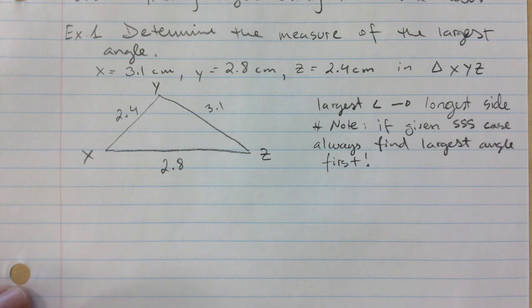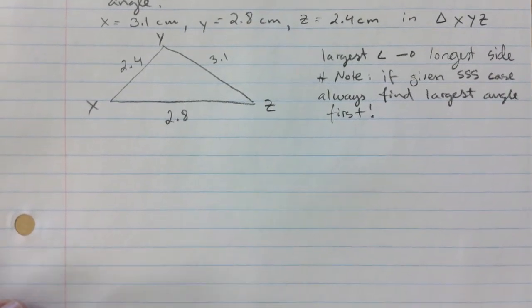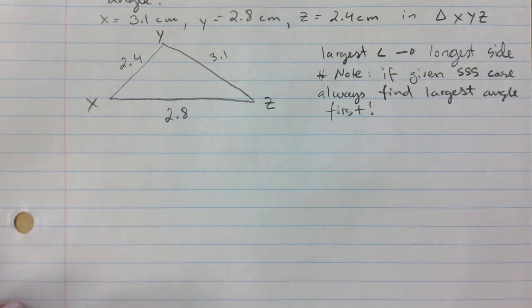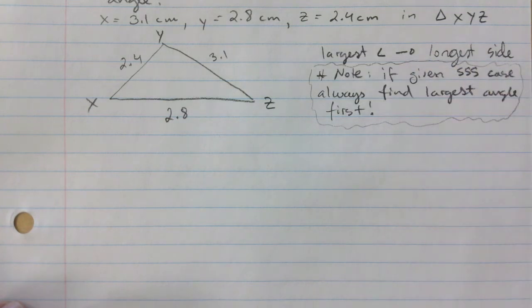I'm not going to explain that right now. It will take too long, but just trust me on that. Always find the largest angle first. If for whatever reason you happen to take grade 11 pre-cal, you're already there, you know why, right? But other than that, grade 11 pre-cal has the same unit. They do the same thing we do.